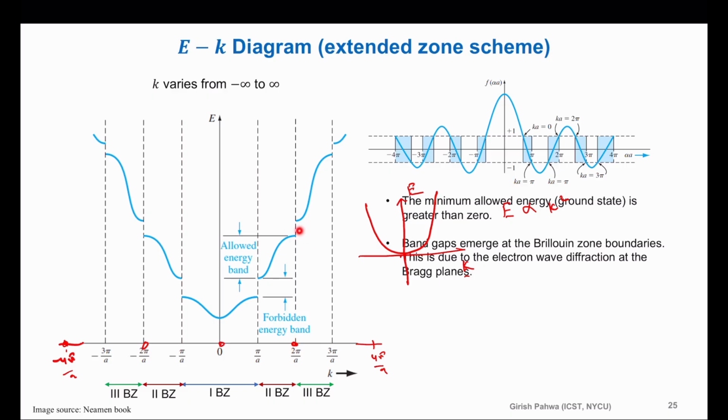If you look at the diffraction theory, it's because of the electron wave diffraction. For this particular value of k, the condition of diffraction is fulfilled. So at the Bragg planes or the Brillouin zone boundary, that condition is fulfilled. That's why you see this band gap here.